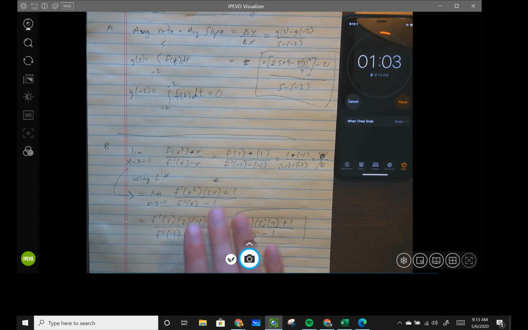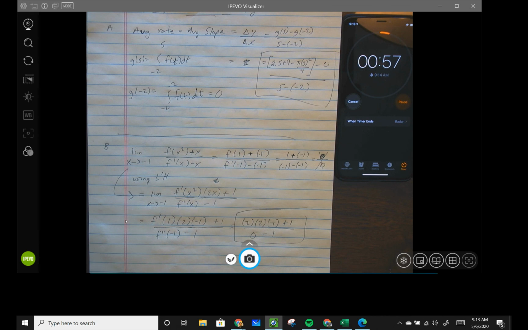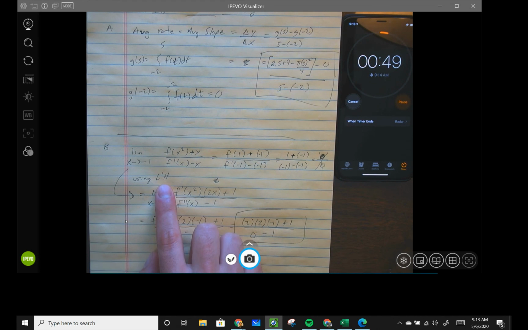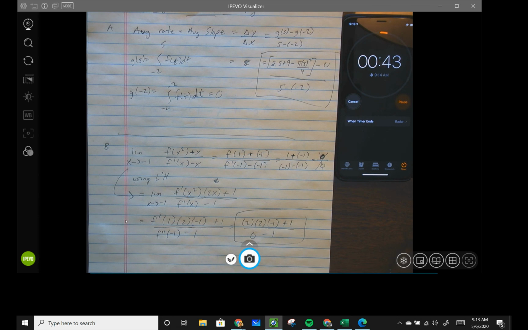All right. And then part B was a L'Hopital's rule. Whenever you see a limit like that, you're expected to get 0 over 0. I didn't at first, but I made a mistake in copying the problem down wrong, right? The tricky part, I think, in L'Hopital's rule is crossing out the 0 over 0 and then stating that you're using L'Hopital's rule. If you don't state that you're using L'Hopital's rule, I don't think you get the follow-through points. It's very tricky.